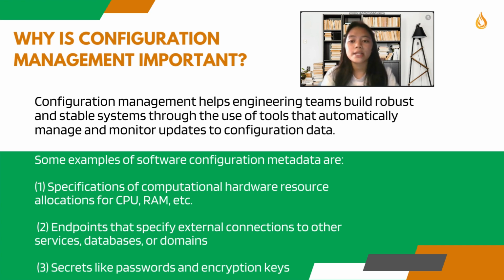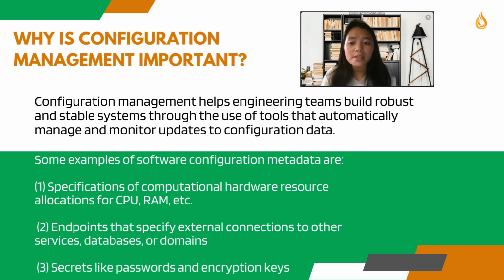Complex software systems are composed of components that differ in granularity of size and complexity. For a more concrete example, consider a microservice architecture. Each service in a microservice architecture uses configuration metadata to register itself and initialize.